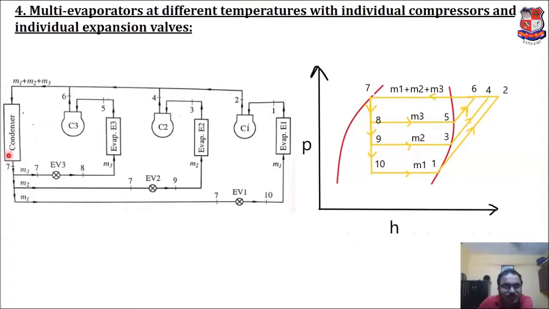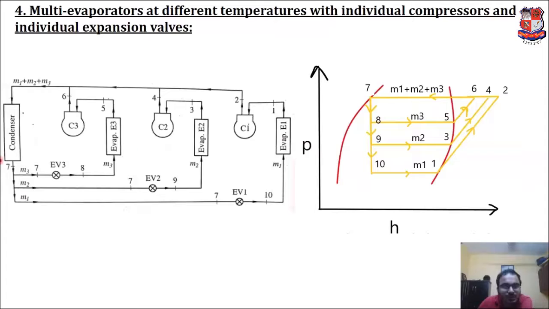Then from 7 to 8 we only have mass M3. So here only mass M3 is working. Then 8 to 5 is the evaporation process. Then 5 to 6 is the compression process.